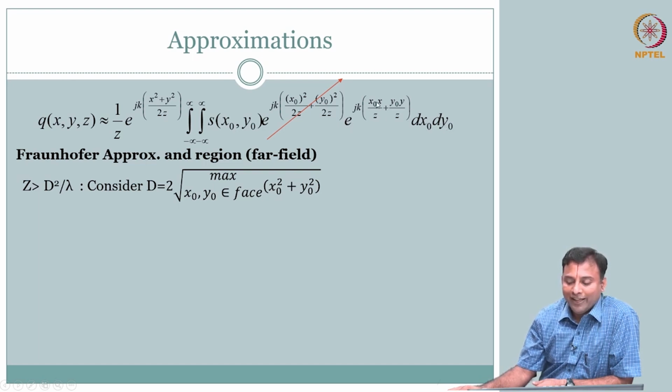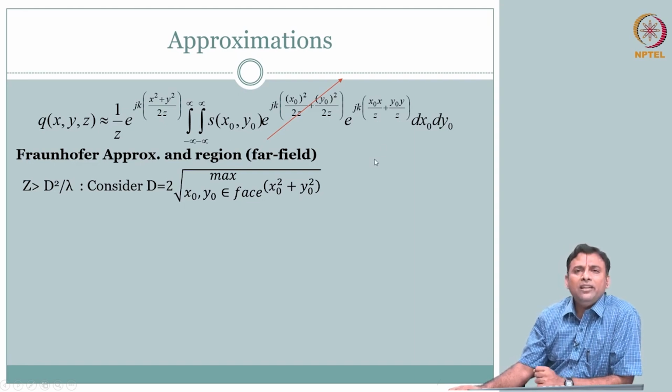So this 2 pi by lambda is j 2 pi, x by z lambda, y by z lambda. Doesn't this look very familiar to you? We have done this several times.